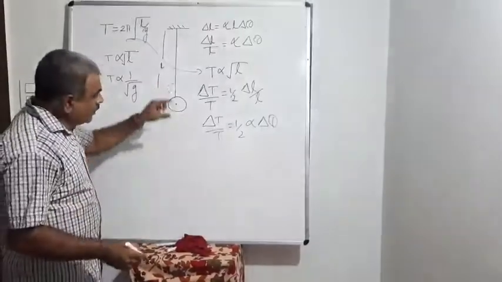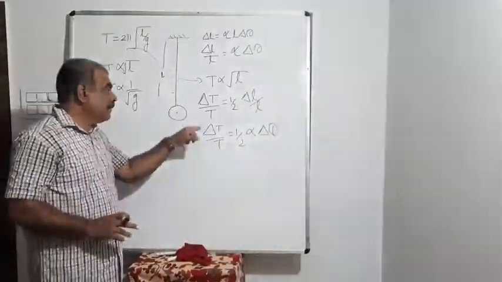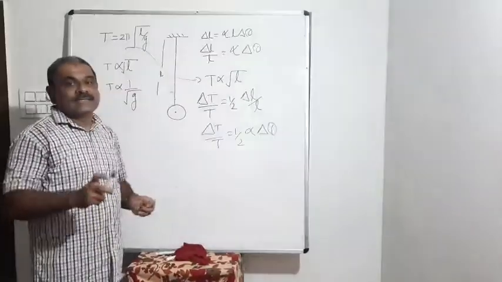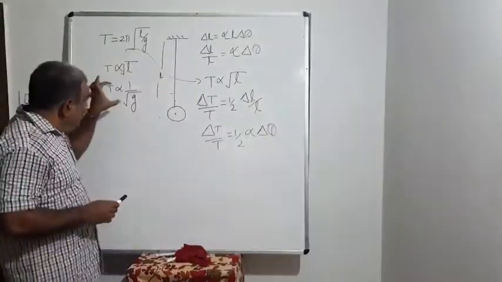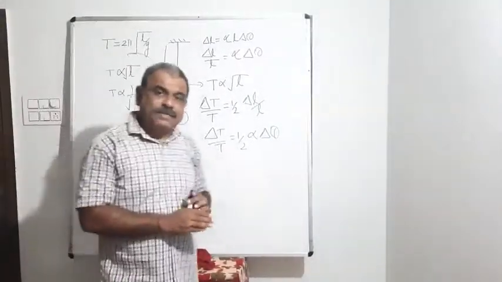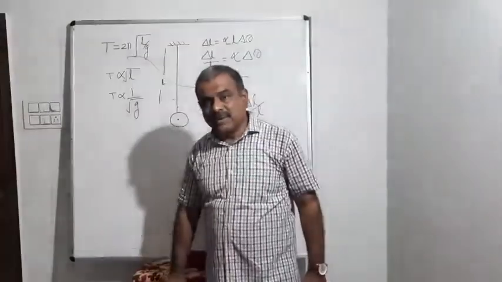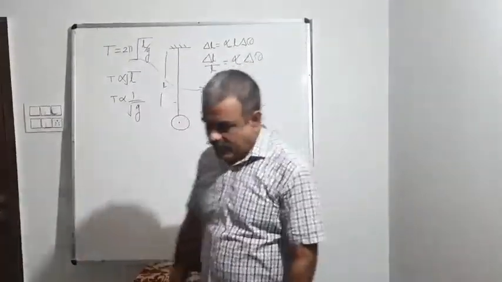That's how the concept of thermal expansion can be clubbed with simple pendulum concept. Similarly, variation of G, there are lots of different ways this concept can be clubbed to make it a simple pendulum concept. What I'll discuss.